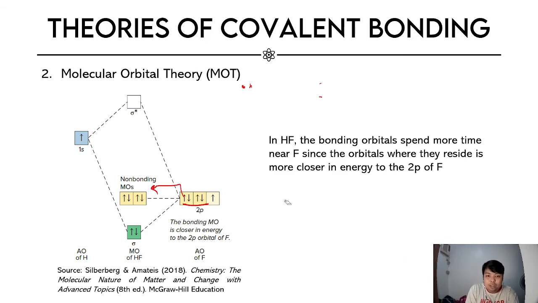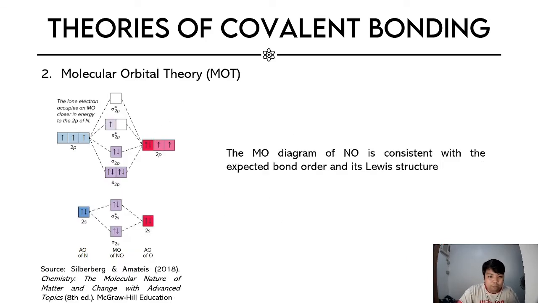Now, for the molecule NO, so this is what its molecular orbital diagram would look like. So they try to draw the molecular orbital such that it is consistent with its Lewis structure. Now again, remember that oxygen is a heavier element than nitrogen, so therefore its 2p orbital would be lower in energy compared to the 2p orbital of nitrogen.